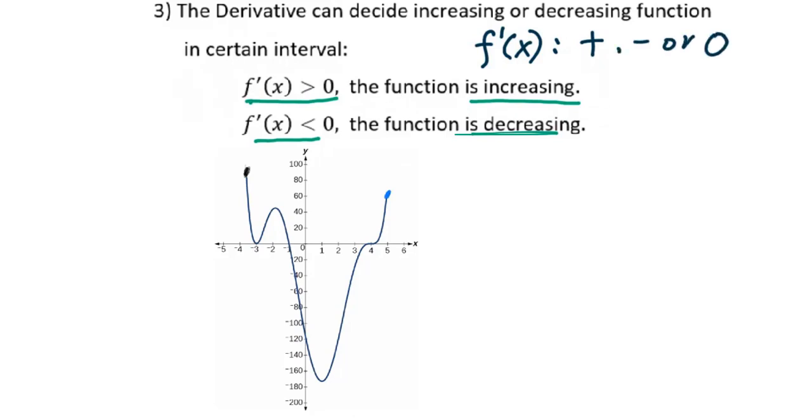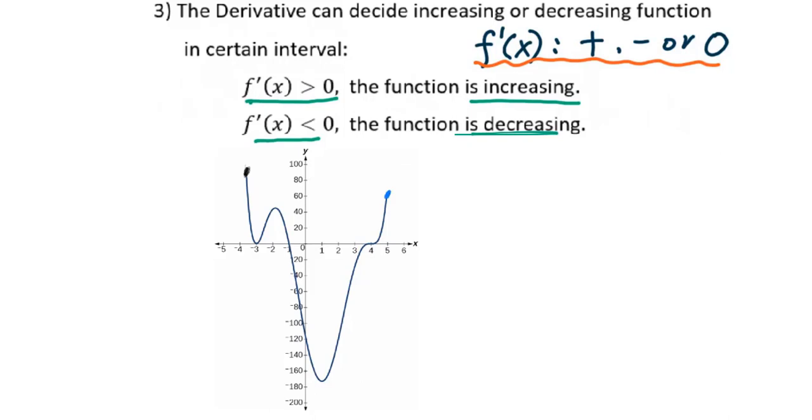But for the function, we will say the function is increasing or decreasing. When you see the derivative is increasing, it means the second derivative is positive. So remember, for the SL level, we use positive, negative, or 0 to describe the derivative. Don't be confused with that.